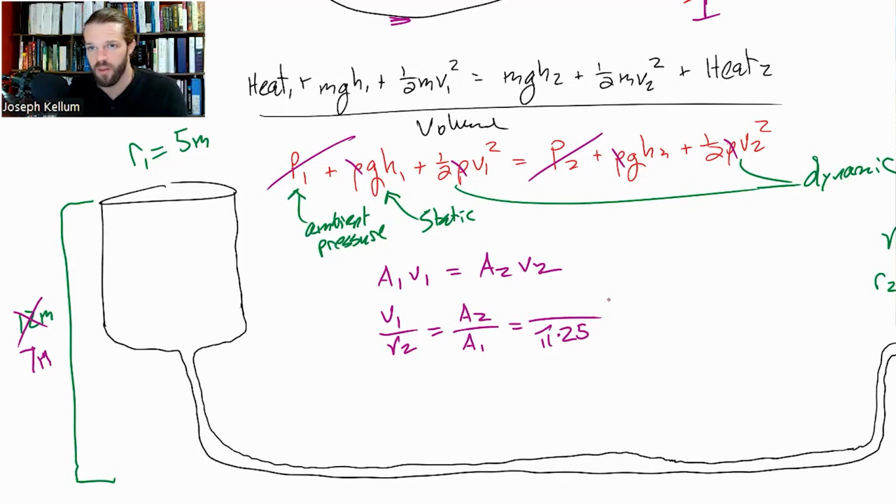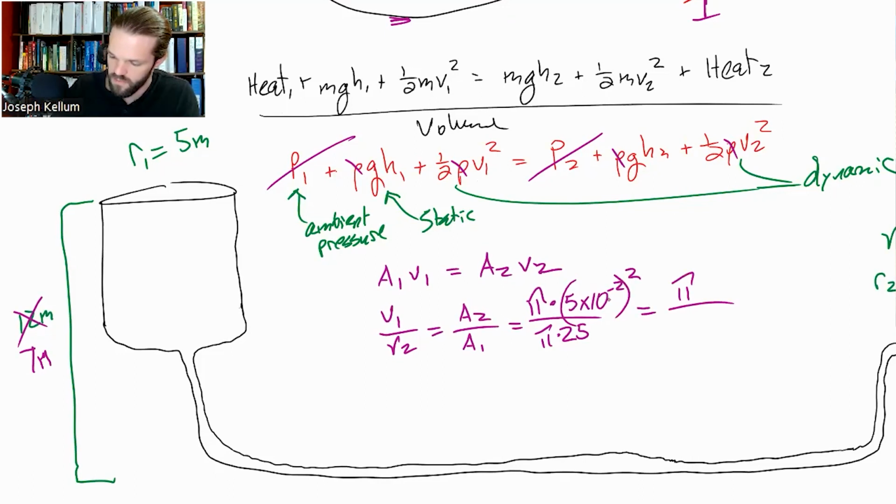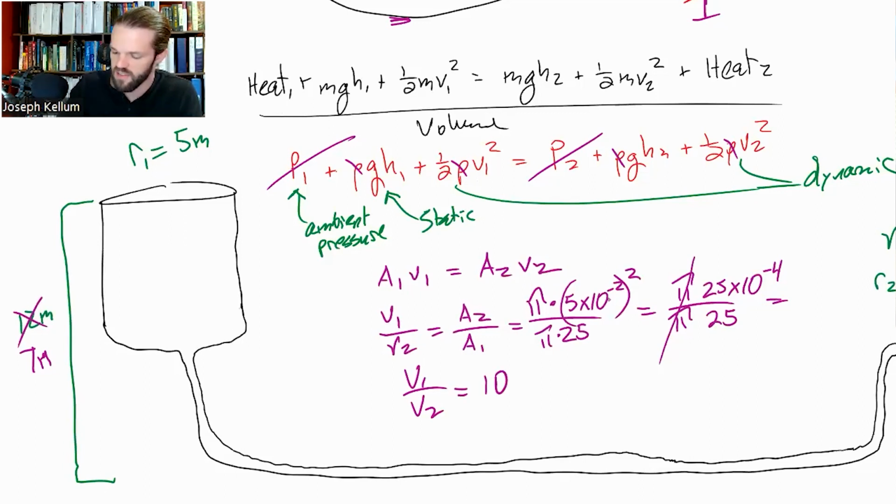I recommend just go ahead and putting it into meters. So then over here we have pi times 5 times 10 to the negative 2, and we have to square that. So what we end up with here is still both of those pi's, which we can completely cross out. And we end up with 25 times 10 to the negative 4 divided by 25. And so we find that the ratio V1 divided by V2 is 10 to the negative 4.